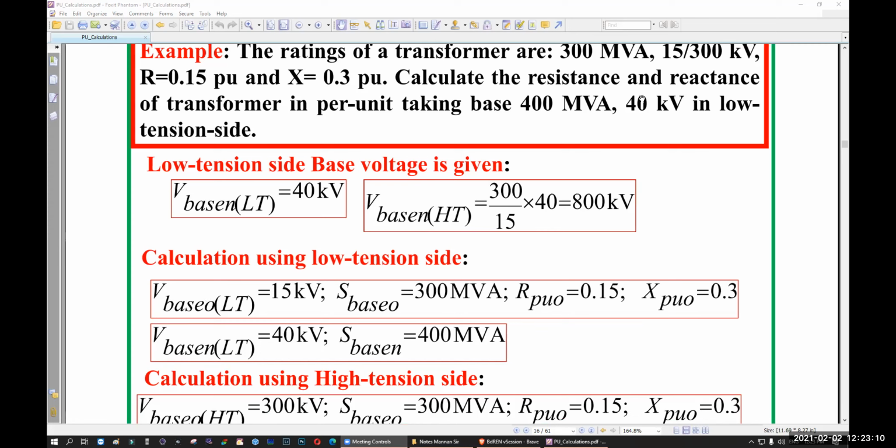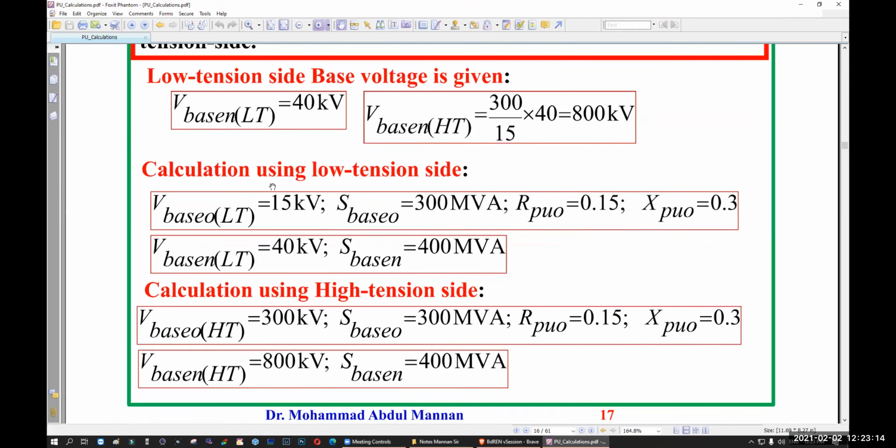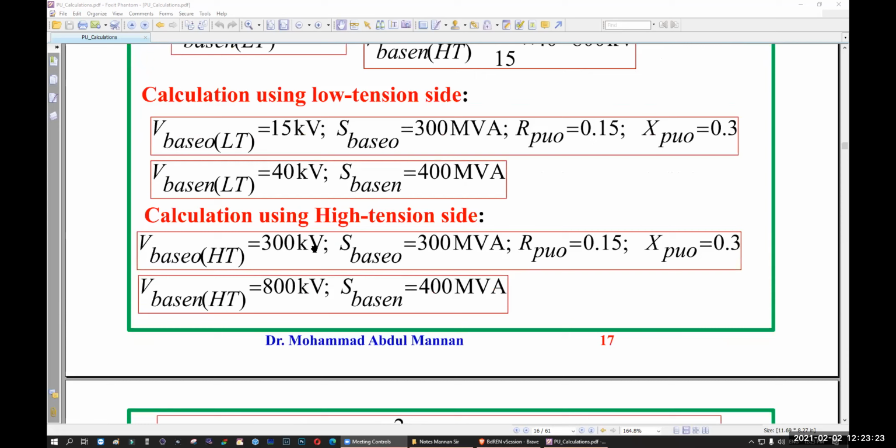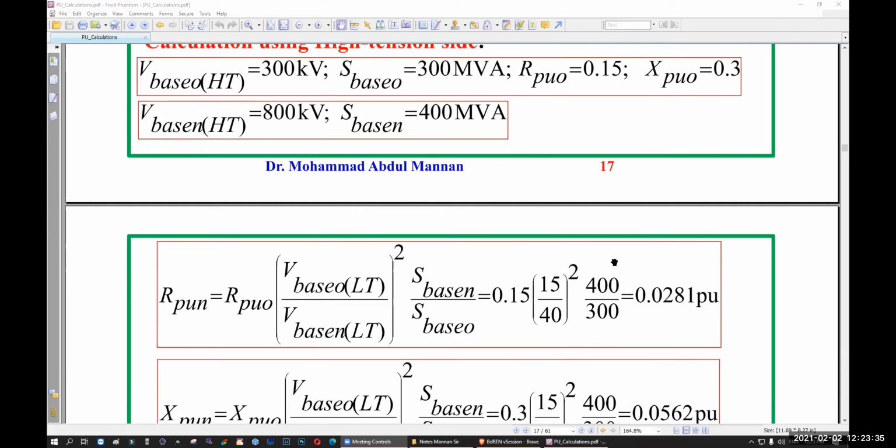And your S base is 400, not 300. So you do not have to calculate using high tension side because this is not necessary. Or if you want to calculate using high tension side, you can just change the base, only the voltage 300, and this will be 800. S will be same because power remains same, and the per unit reactance and resistance, they are also same.